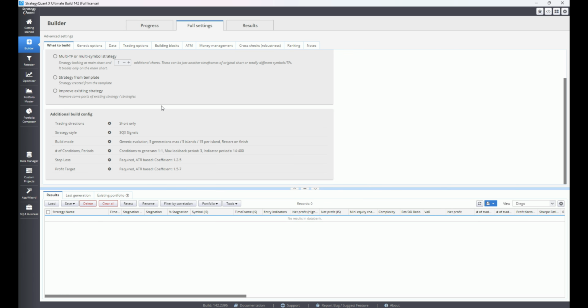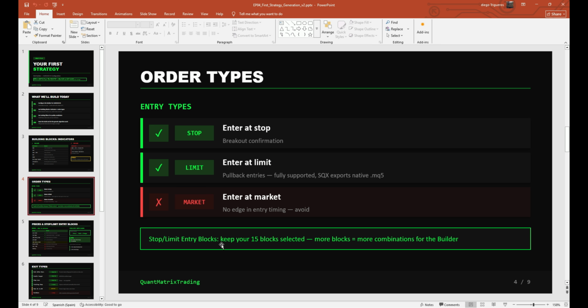In this case, I know that AUD/CAD is very good for selling, so I choose shorts. So, enter at limit and shorts. I don't like market because this consumes a lot of spread, so I always try to avoid strategies that enter at market. I always choose enter at limit or enter at stop.